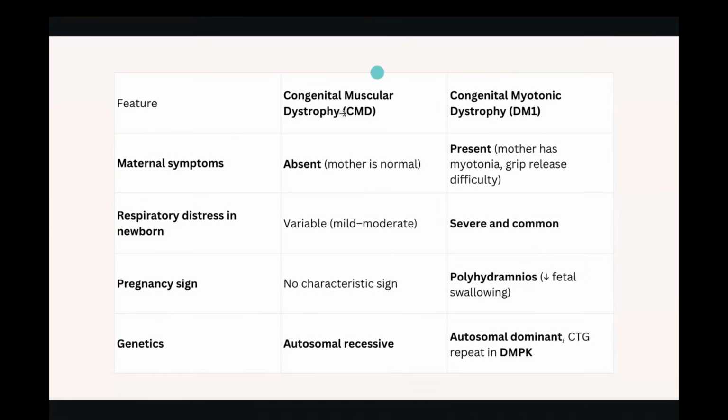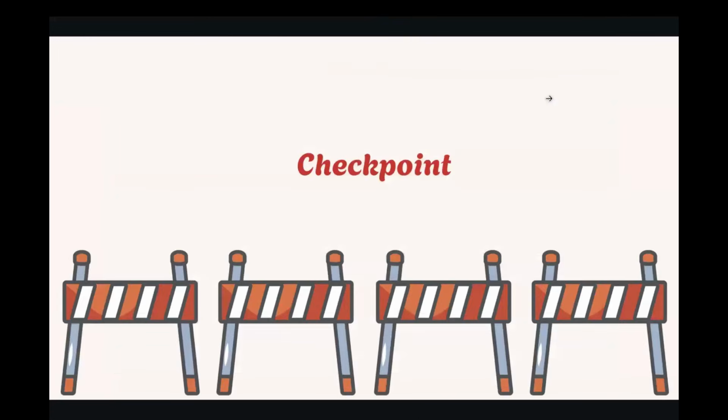In genetics, congenital muscular dystrophy is autosomal recessive. Congenital myotonic dystrophy is autosomal dominant. Okay, so just memorize these features. Whenever you see maternal symptoms, polyhydramnios, immediately think congenital myotonic dystrophy, myotonic dystrophy, not muscular dystrophy.